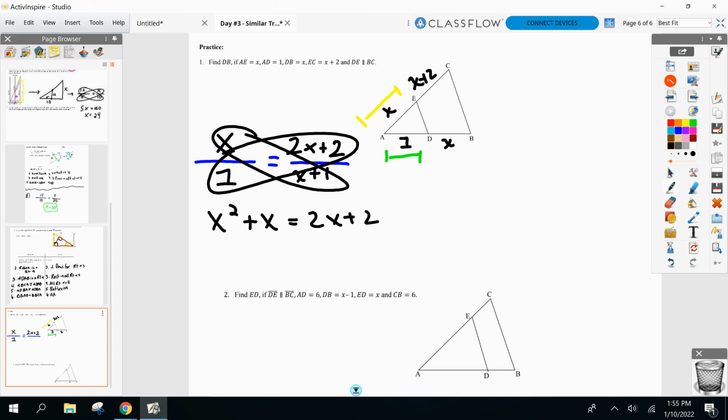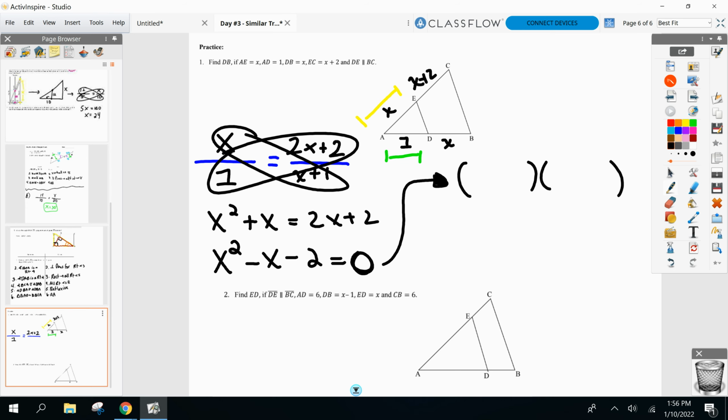So x squared plus. When you get it equal to 0, we should have x squared minus x minus 2. Get it equal, and that's what you're looking to factor right now.